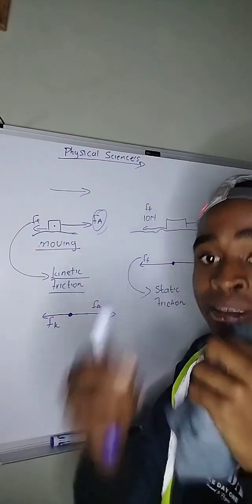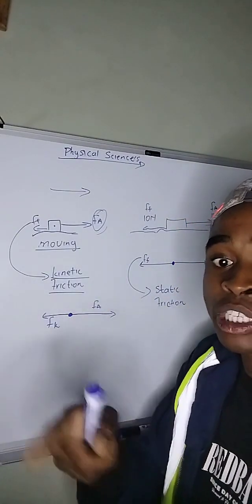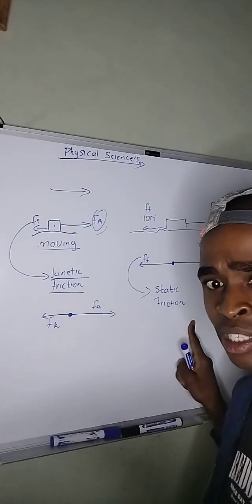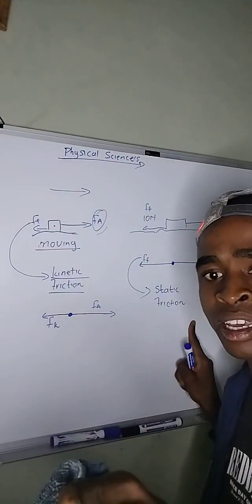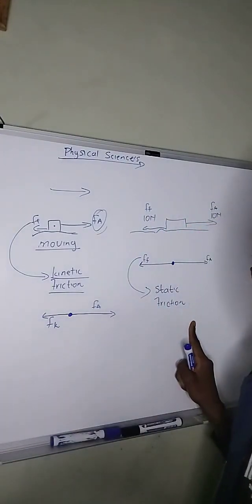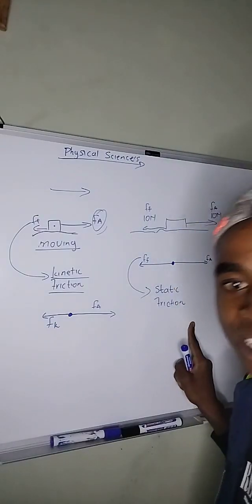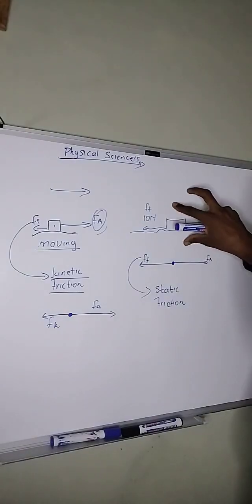It is the maximum force that opposes the motion of what? Of a moving object, or of what? Stationary object. This one is a stationary object.